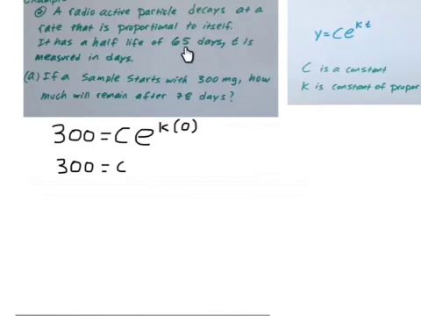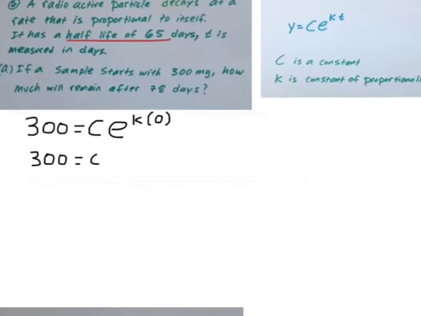And that's where the half-life comes in. So I want to use the fact that the half-life is 65 days. What that means is I have 1/2 of the initial amount at 65 days. So I have 150 milligrams when the time is going to equal 65 days.